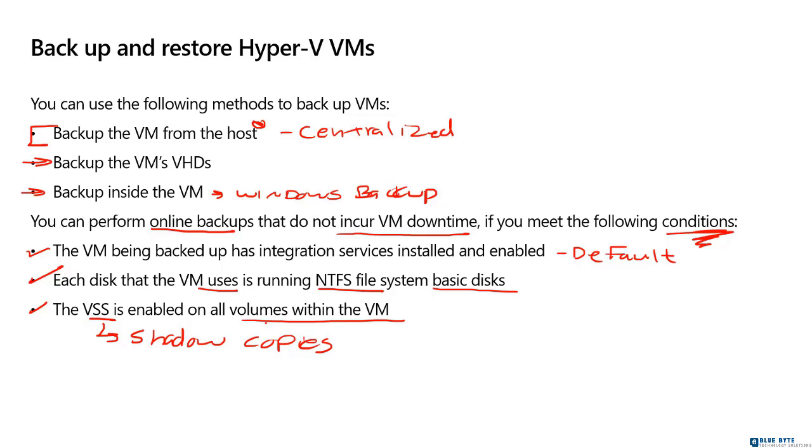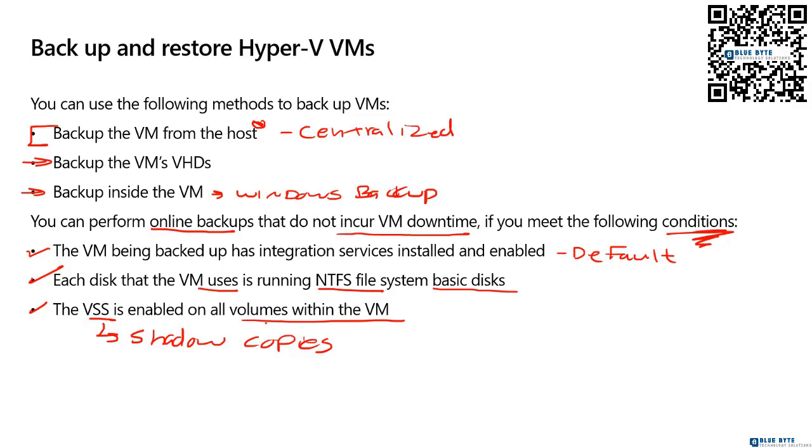Well, if I had a shadow copy that was created at 10 o'clock, I could simply go back to that file, right click and go through previous versions, and I could revert back to the copy of that file at 10 a.m. So you can take shadow copies multiple times a day. Just a quick and easy way to revert back to a previous copy of a file. But you have to have shadow copies enabled on your volume for that capability to exist.